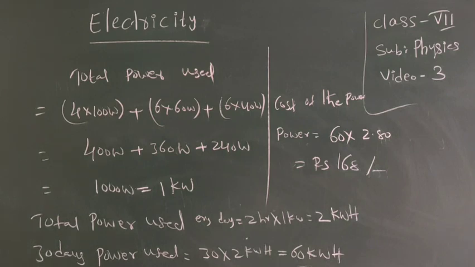Okay, at the same time 1 kilowatt equals 1000 watts. 1 kilowatt hour equals 1 unit.